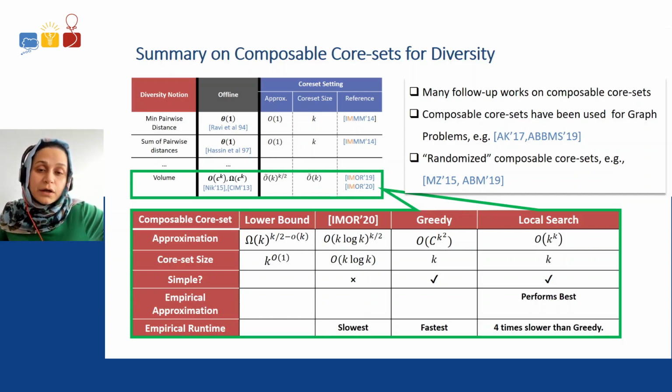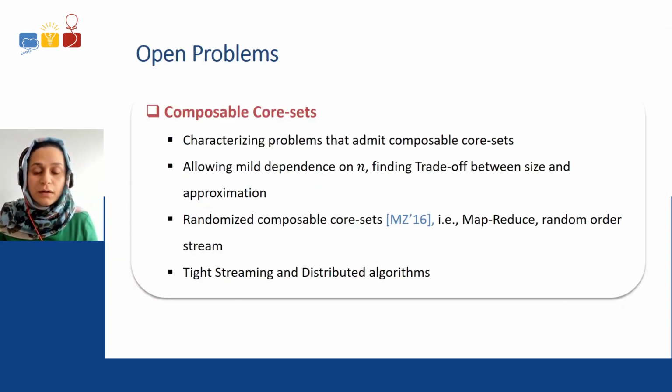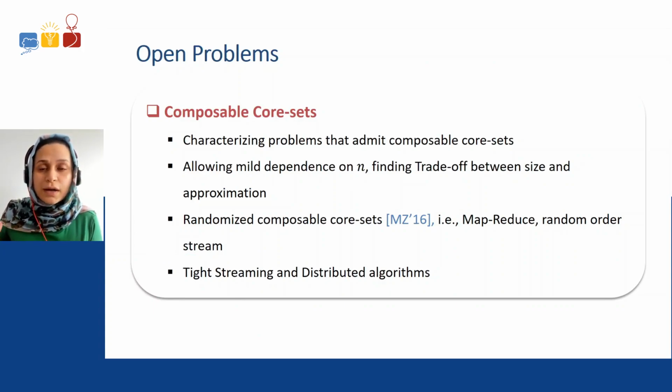Let me conclude the talk with a few open problems. At the end of the day, what we ideally would like to answer is what kind of problems admit such efficient summaries and what kind of problems do not. We have shown that not all problems admit such summaries, so it's interesting to see what problems admit composable coresets.